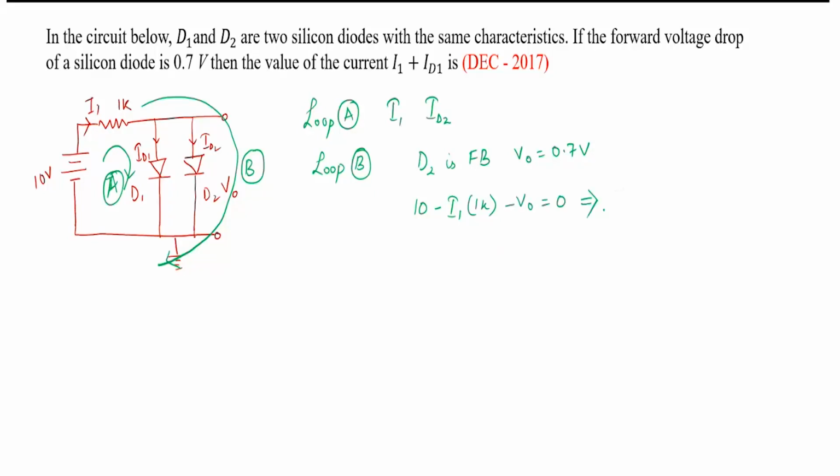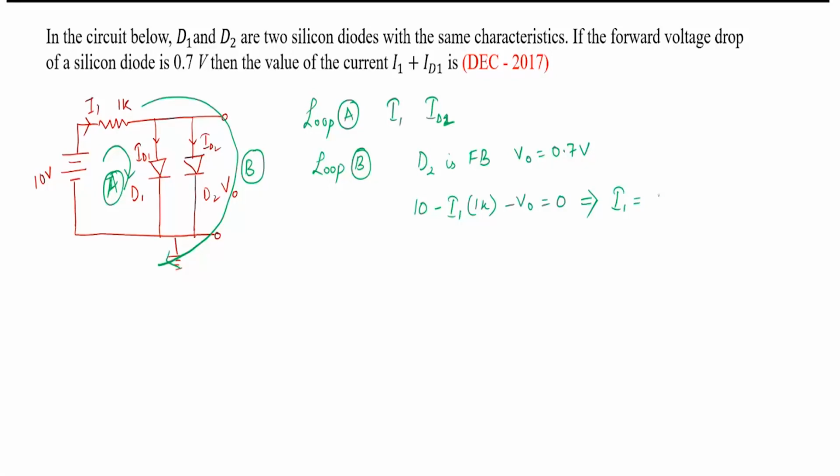From here, can you find out I1? Are you able to follow this? Loop A also gives the same equation. But you have to find out ID1 also. The diode is forward bias. Yes, you are correct.